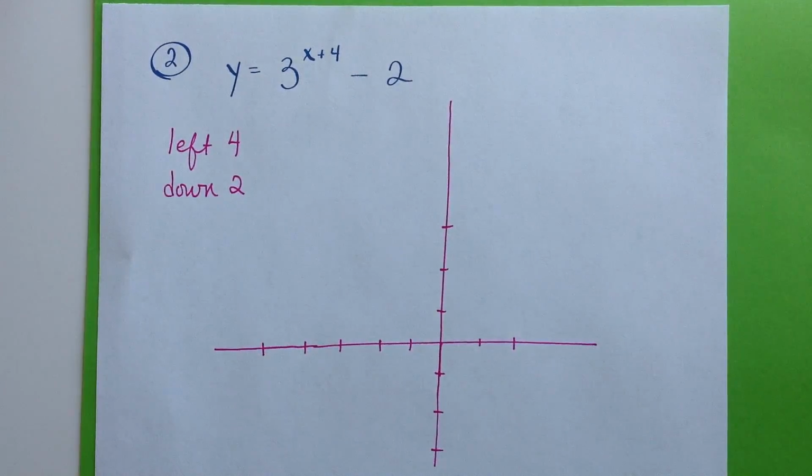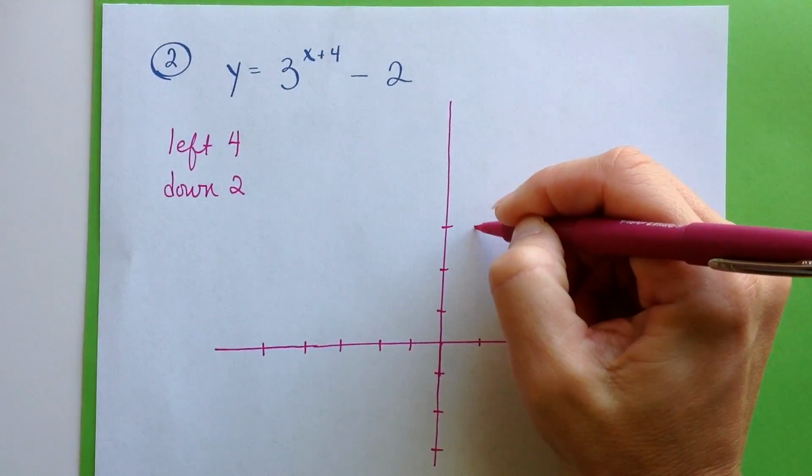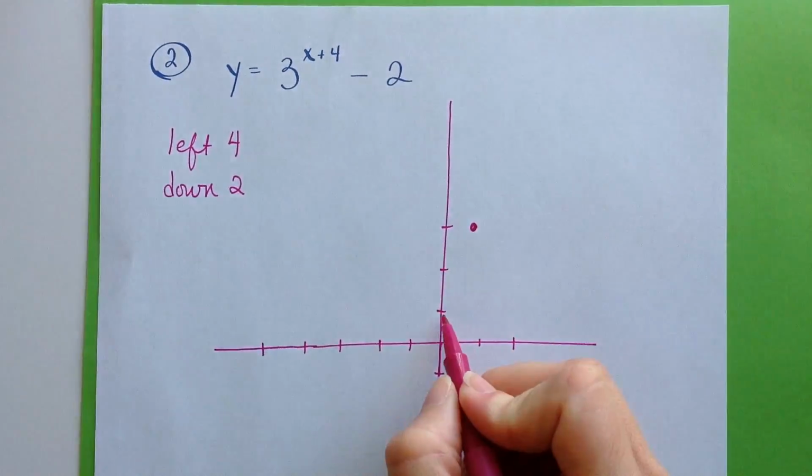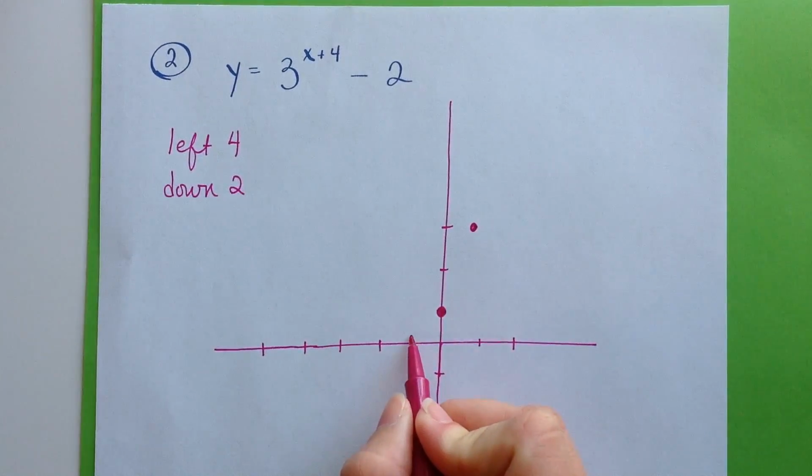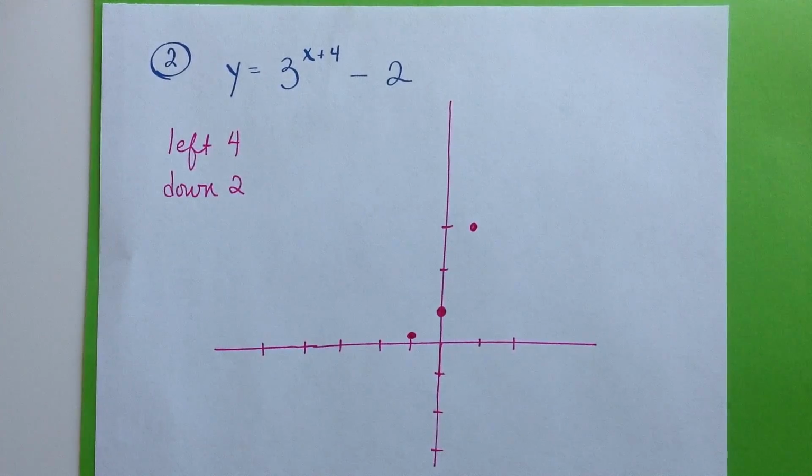Okay, so I'm going to put in the 3 points that I used just a few minutes ago. So this is going to be the points 1, 3, 0, 1, negative 1, 1/3. Alright, so my first step that I need to take would be to go to the left 4.